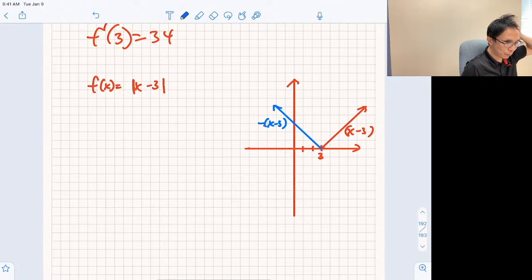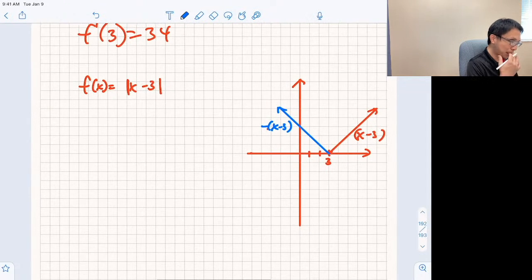Then let's just say I want to find the derivative of the blue line. There's no way for me to find it because we don't know how to take a derivative of it. So let's just figure out the derivative approaching 3 from the left. So I'm going to take the limit as x approaches 3 from the left of this function.